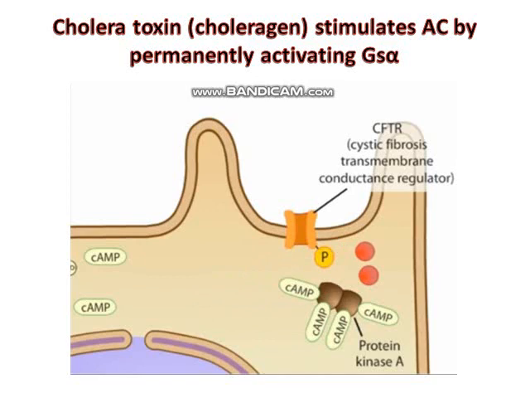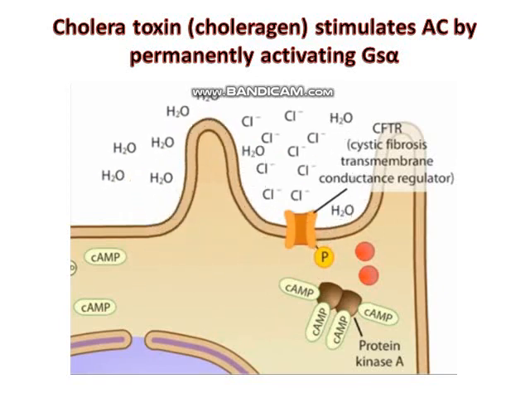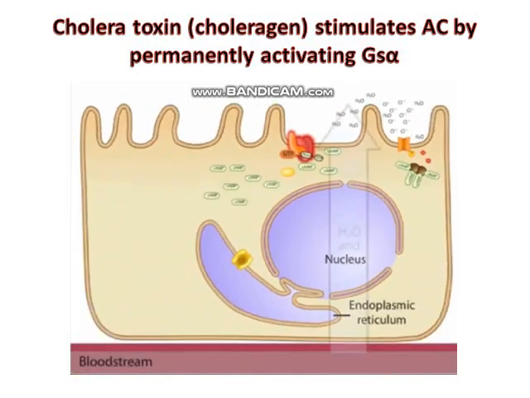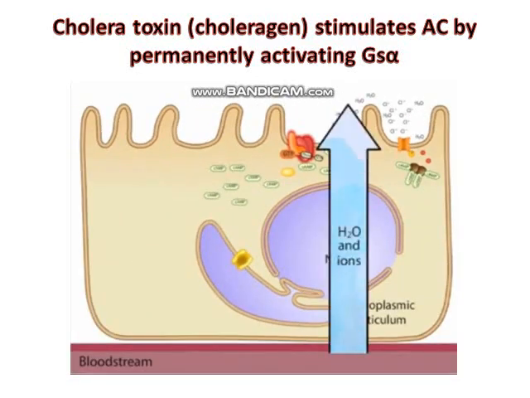Water also leaves the cell in an attempt to equilibrate the osmolarity. The bloodstream provides the water and chloride and other ions that enter the intestinal cell and the intestinal lumen. The influx of fluids leads to diarrhea.